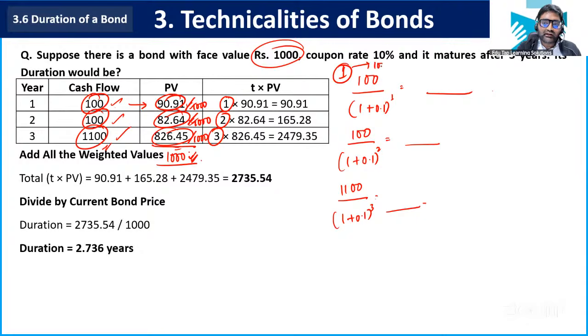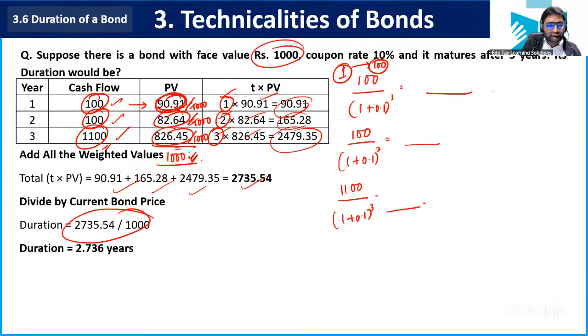That fraction multiplied with the year will give me an idea of, out of 1 year, I am getting back 100. What part of that 1 year will I get back this 90.91, is what I want to calculate. In that way, all the weights are multiplied to the time period. Here, not dividing by 1000, we are directly multiplying with the time period, adding everything, and finally dividing by 1000 at once only.